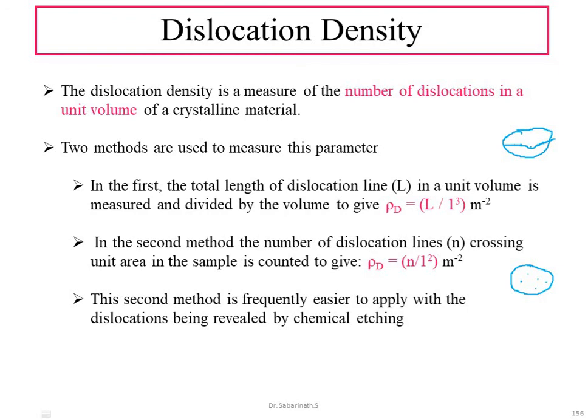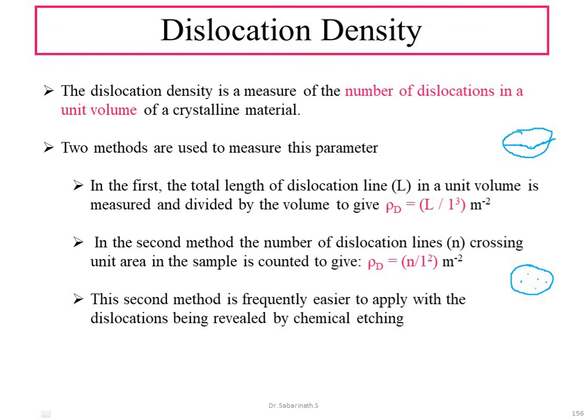So that's all for this video. Just winding up, we have seen the two basic mechanisms by which plastic deformation occurs in crystals, that is slip and twinning. We also saw Schmid's law, which tells at what particular stress the slip will start.